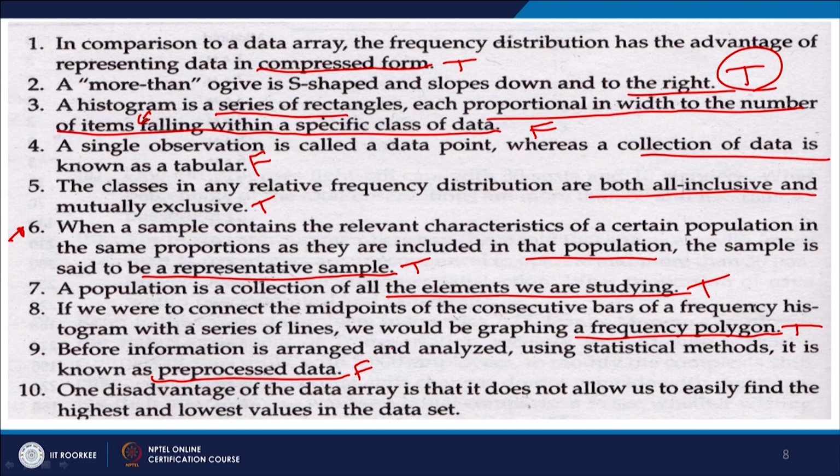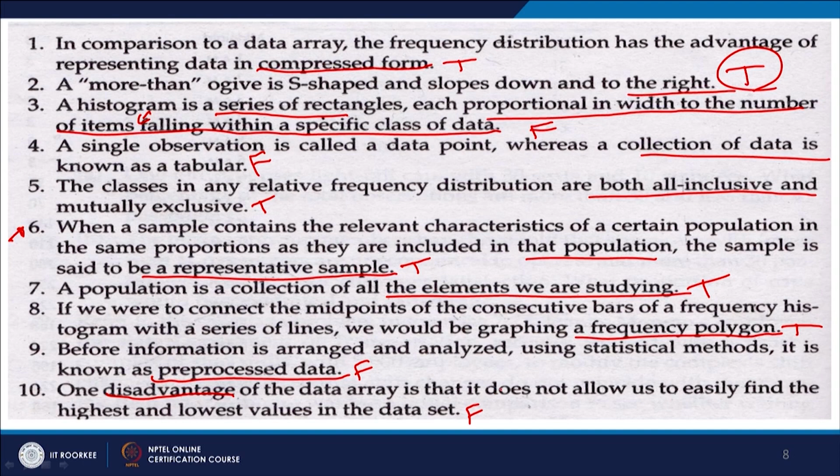So, this is false. Okay. One disadvantage of the data array is that it does not allow us to easily find the highest and lowest value in a data set. Is it a disadvantage? No, this is false. So, 10th is false, right.